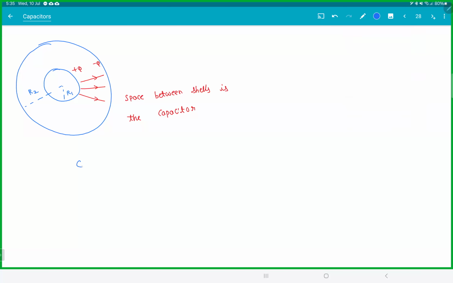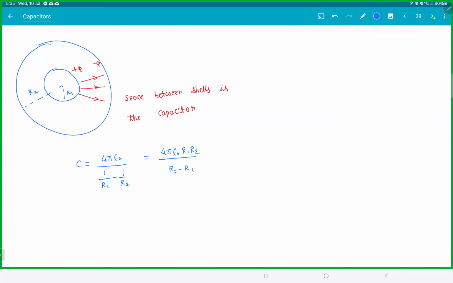The capacitance value is given by 4 pi epsilon over (1 by R1 minus 1 by R2). If you simplify this, you end up with 4 pi epsilon R1 R2 by (R2 minus R1).